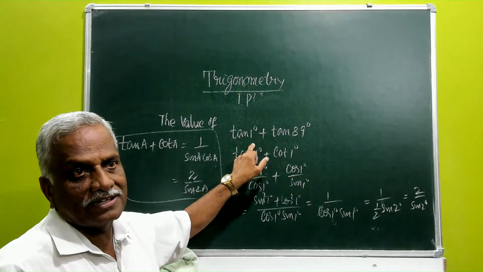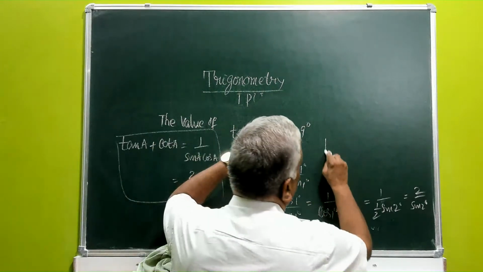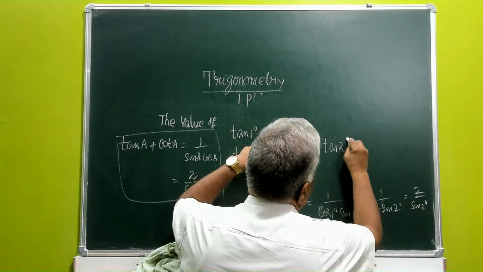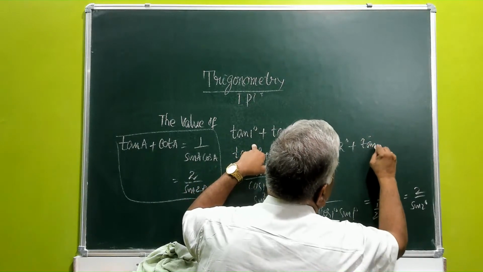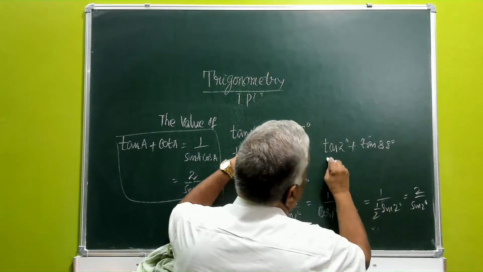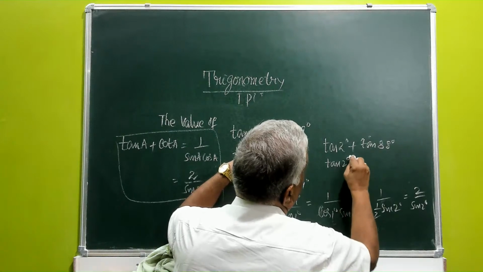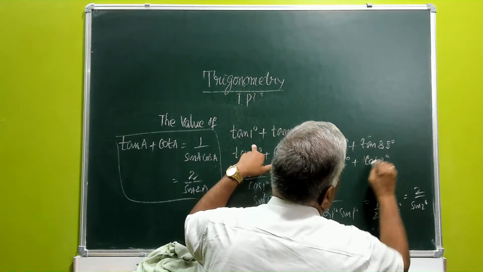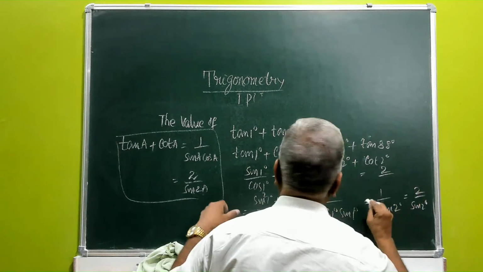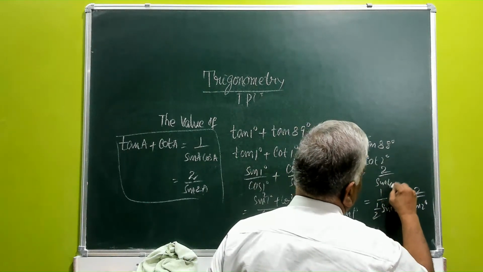Instead of 1 degree, they will give you tan 2 degrees plus tan 88 degrees. So you are going to write this as tan 2 degrees plus cot 2 degrees, that is equal to 2 over sin 4 degrees. That's all.